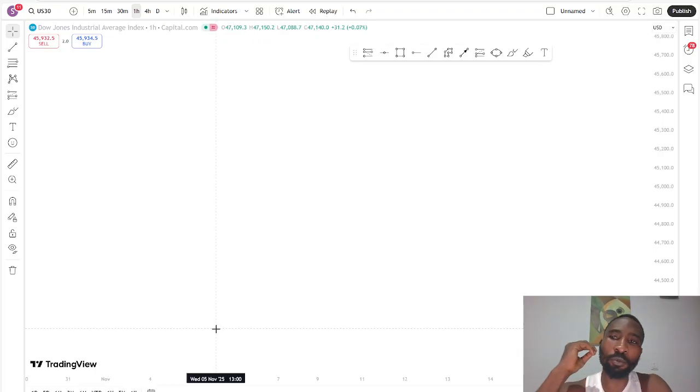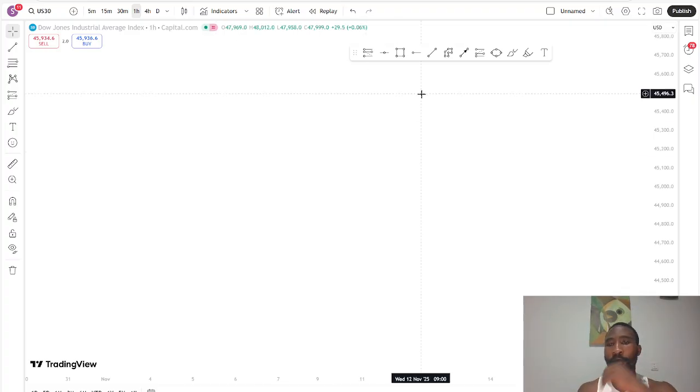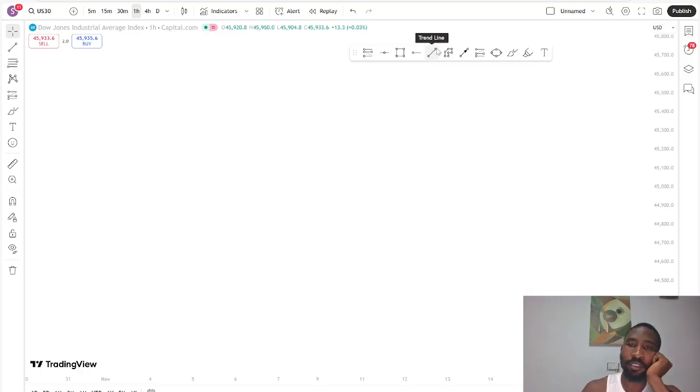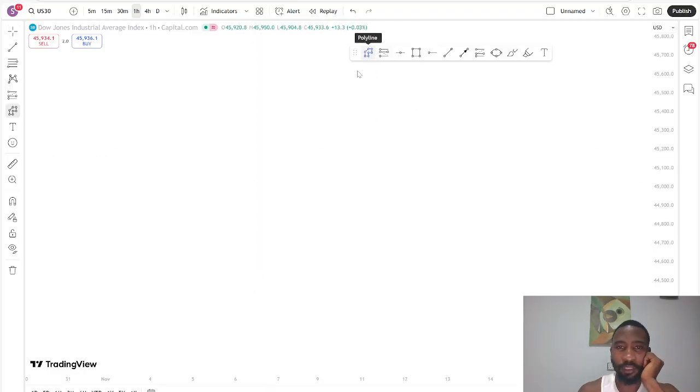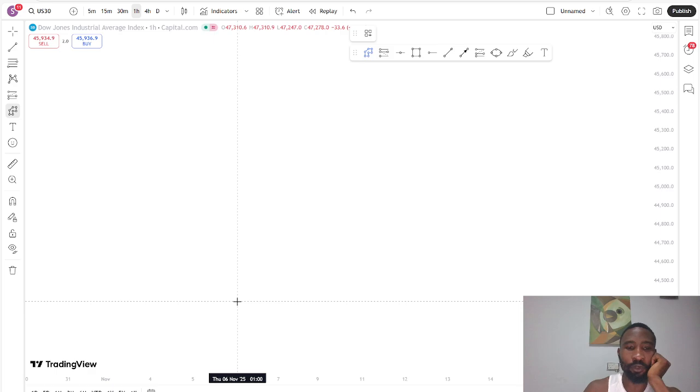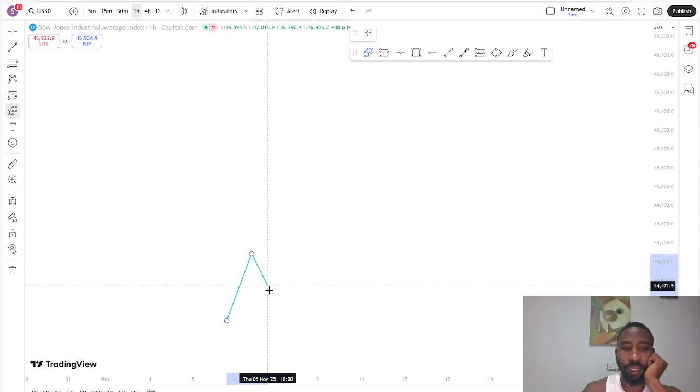In order for you to understand what a trend is, you have to be able to fish out when there is a breakout. And again, remember when I was talking about a trend: when a trend starts, let's say for example we're going on an uptrend, it starts from a higher low right here, then it pushes a new higher high, then it comes back and creates a new higher low.